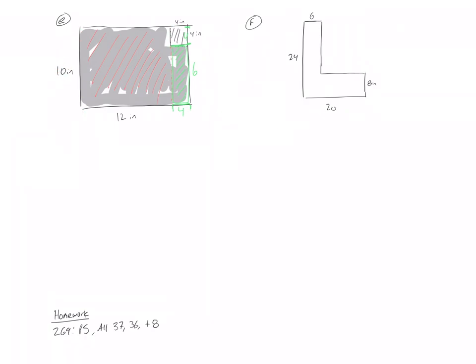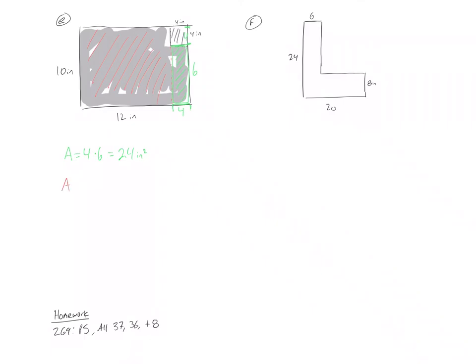From here to here is 4, which means the rest of that must be 6. If it was harder numbers, I could just say 10 minus the 4 would give me that 6. So to find the area of that green one is going to be 4 times 6, which is going to equal 24 inches squared.